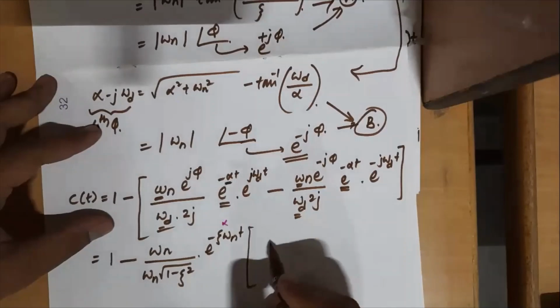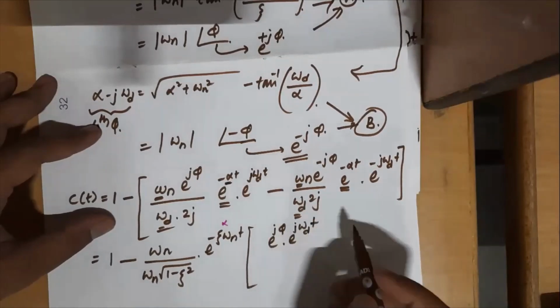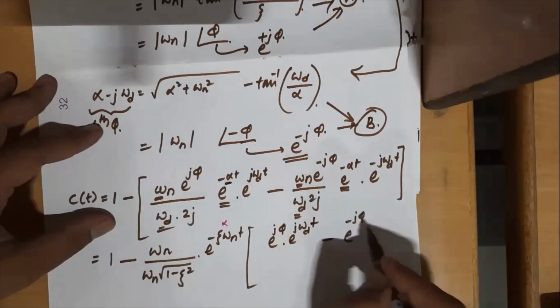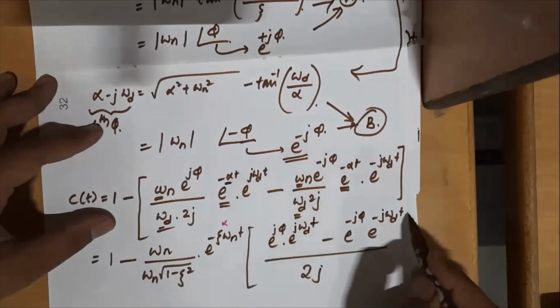And what are we left with? We are left with e raised to plus j phi into e raised to plus j omega dt, minus e raised to minus j phi e raised to minus j omega dt, divided by 2j.